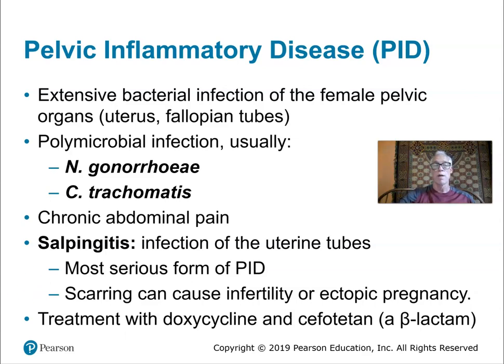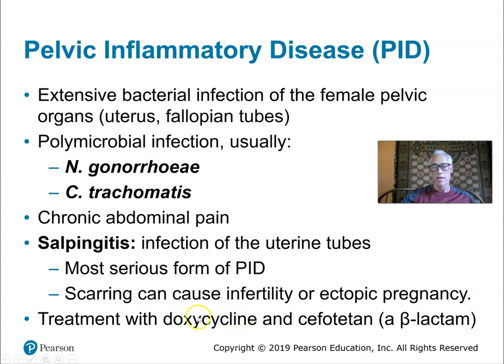And ectopic pregnancies: if scarring blocks the movement of the egg, but the sperm can get through a scarred area, then that can cause implantation in the fallopian tubes, and that can be life-threatening when a pregnancy occurs in that location.